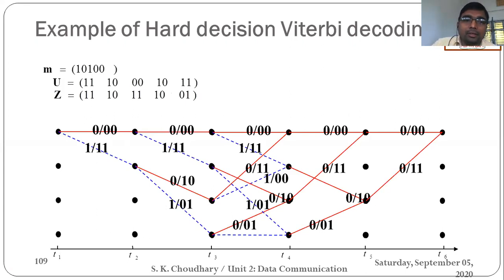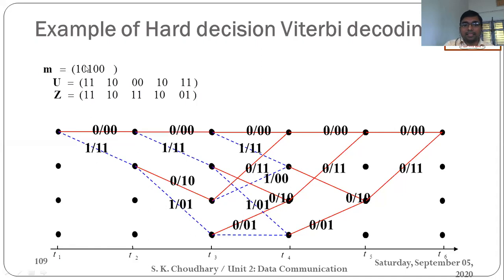So this is the example. We have taken a hard decision. There are two kinds of decisions, hard decisions and soft decisions. For our example, this is the trellis diagram. We have started from T1 and go up to T6, starting from the all-0 state, J equal to 0.